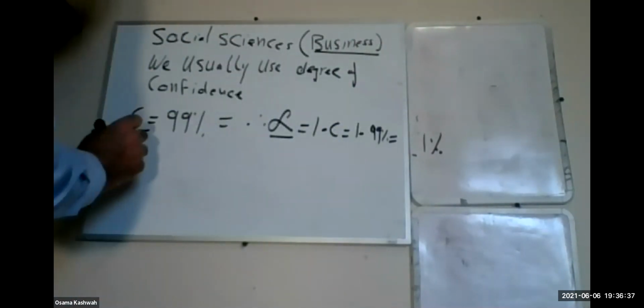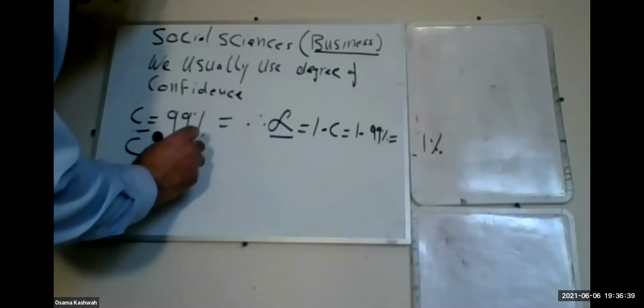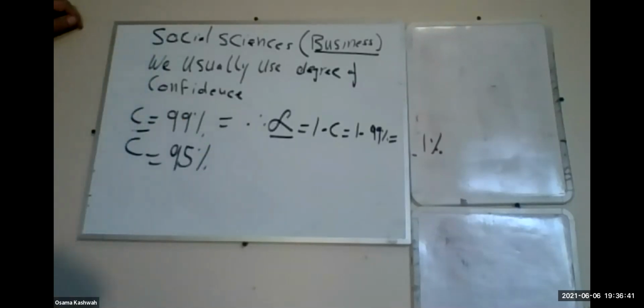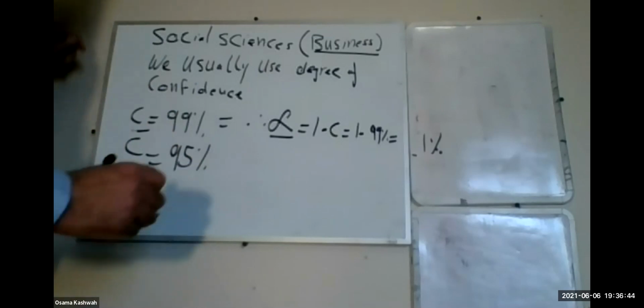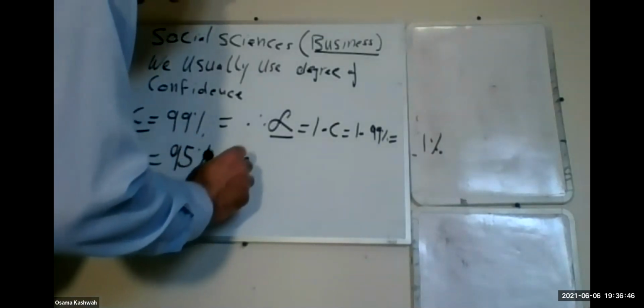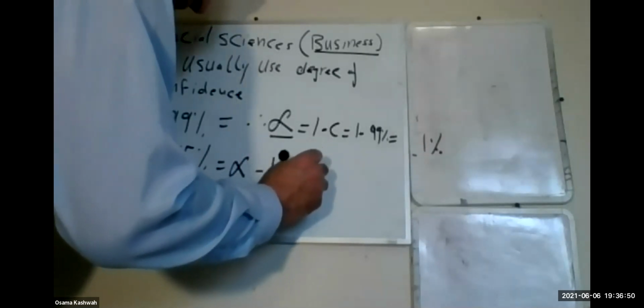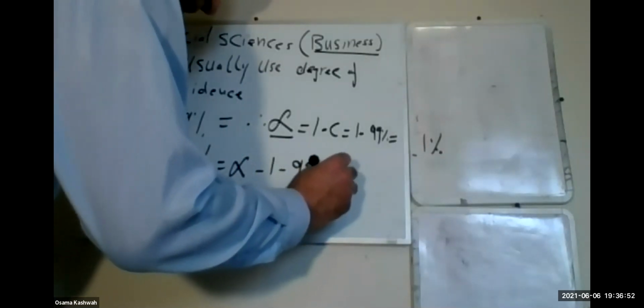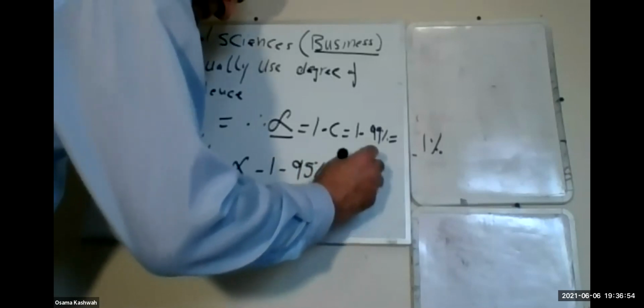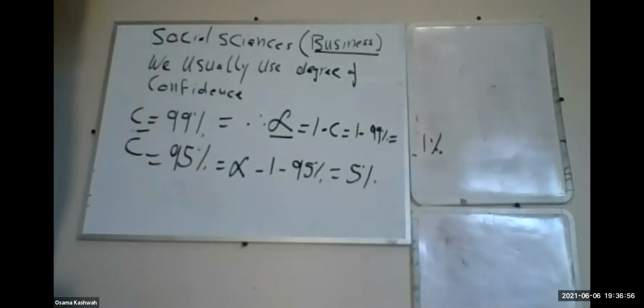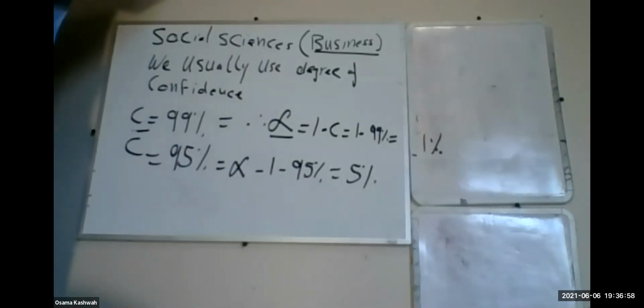The second degree of confidence is 95%. When I use it, alpha will equal 1 minus 95%, then alpha will equal 5%.